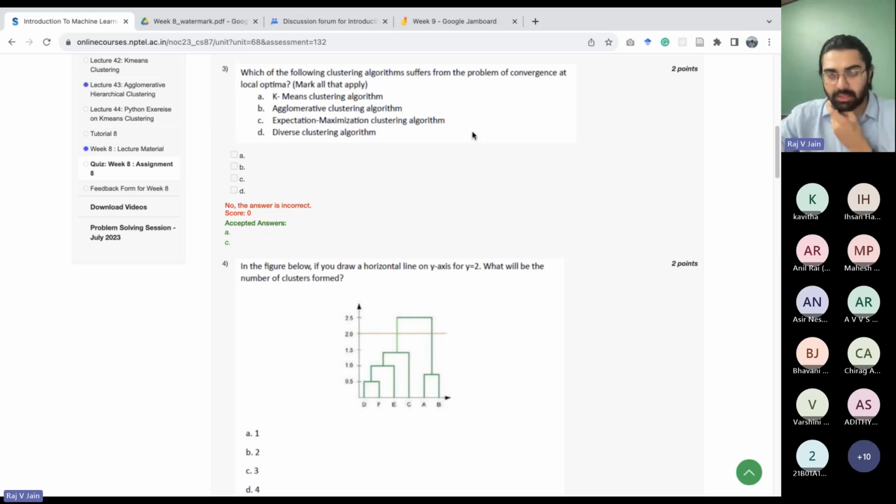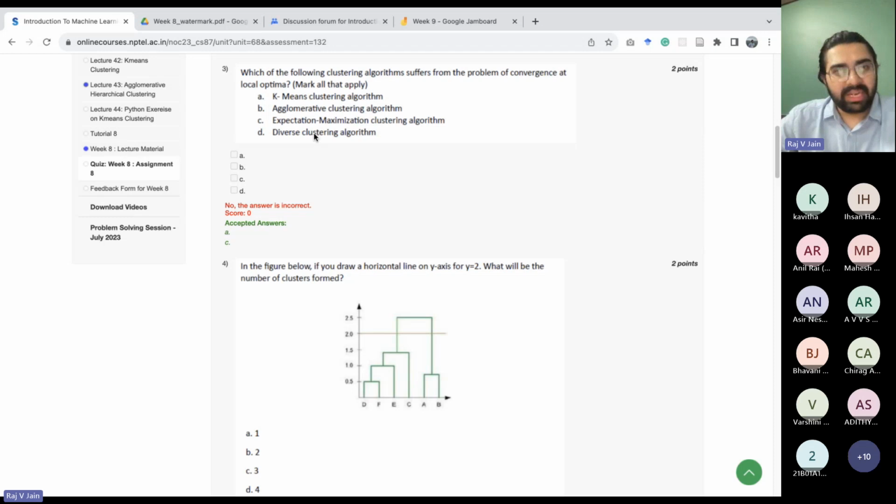They won't go to the global optima even if it exists; it's possible that they may not go there. Agglomerative clustering goes to the global optima in case we have single linkage. It's a very specific use case, but it is shown that it can go to the global optima. Diverse clustering, I don't think this exists. I guess this is a typing mistake, so A and C are the answers.